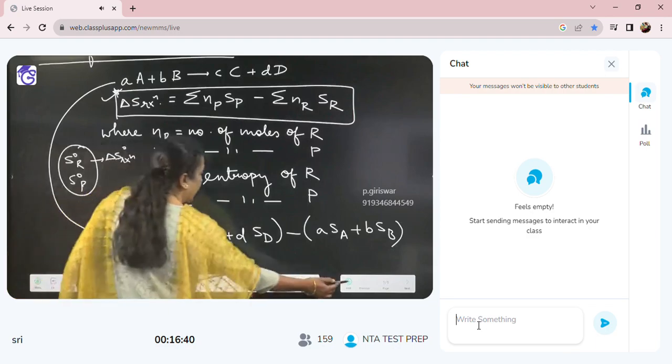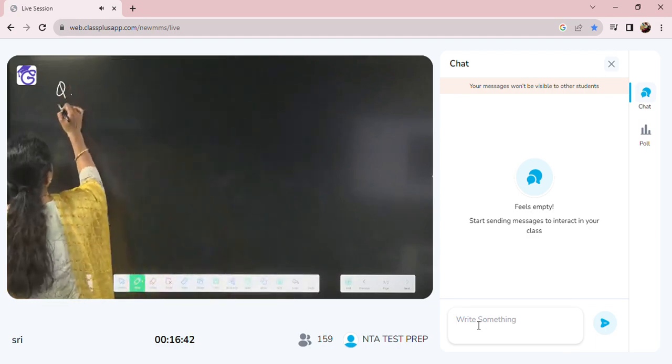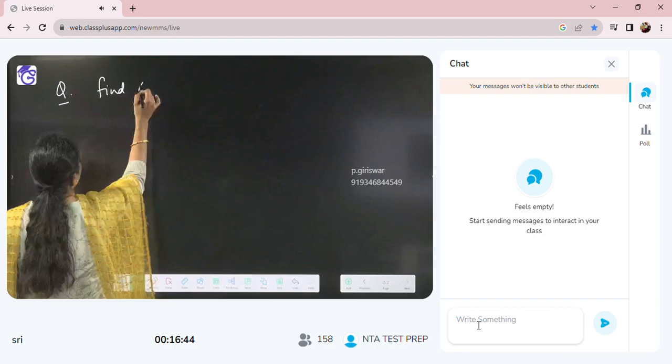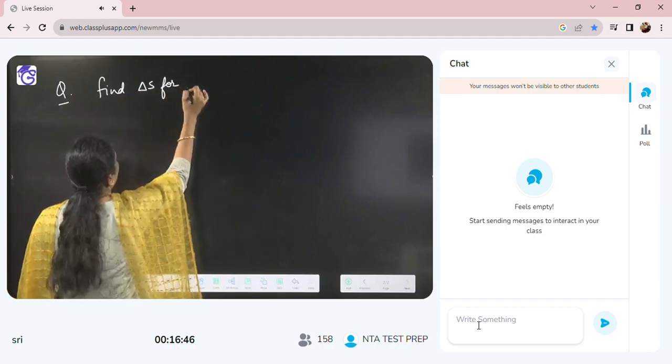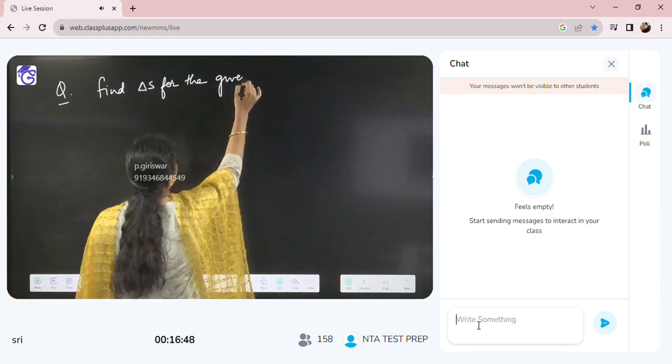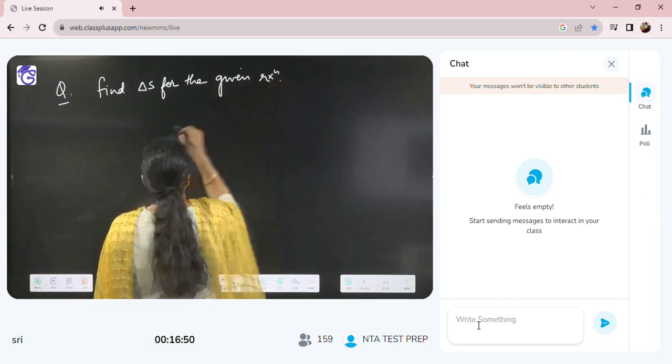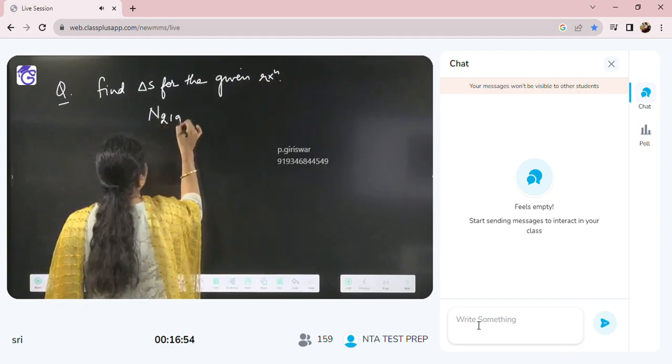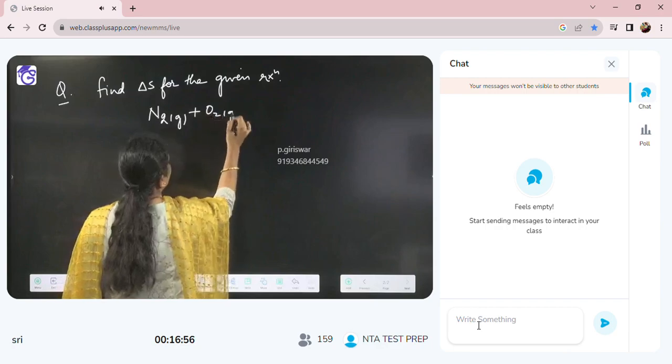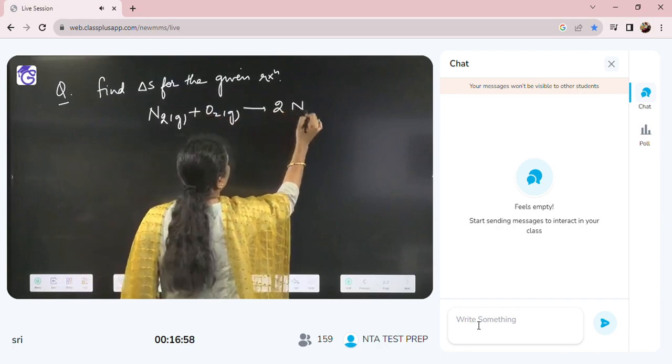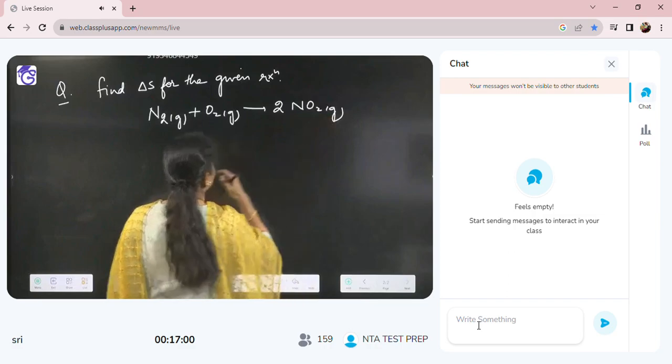Okay, done. Now let us go to the question part. Find delta S for the given reaction, and the reaction is N2 gas plus O2 gas, giving you twice of NO2 in the gaseous form.